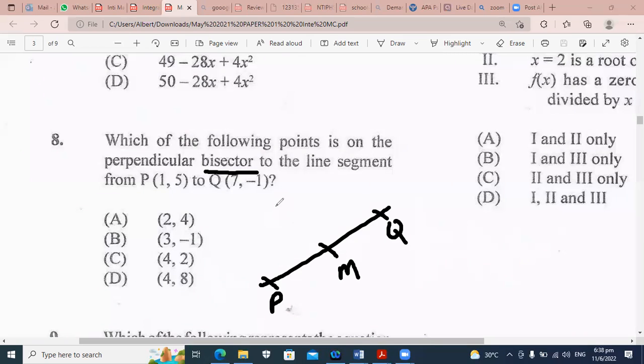So the perpendicular bisector is a line that cuts at right angles in the middle between P and Q. And they want to know which of these points lie on this line. So this requires a lot of work.